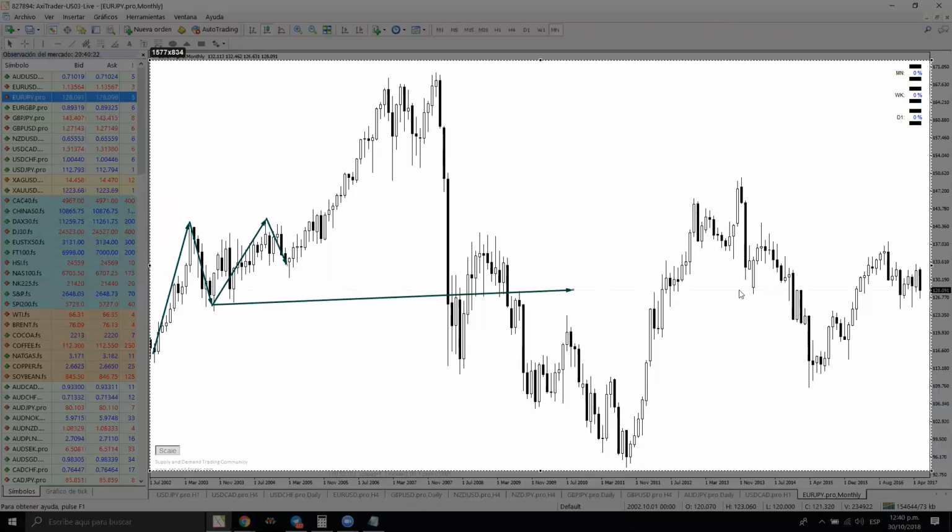Okay, so this was the last support. Let's follow the price, just follow the price and try to mark the special points.